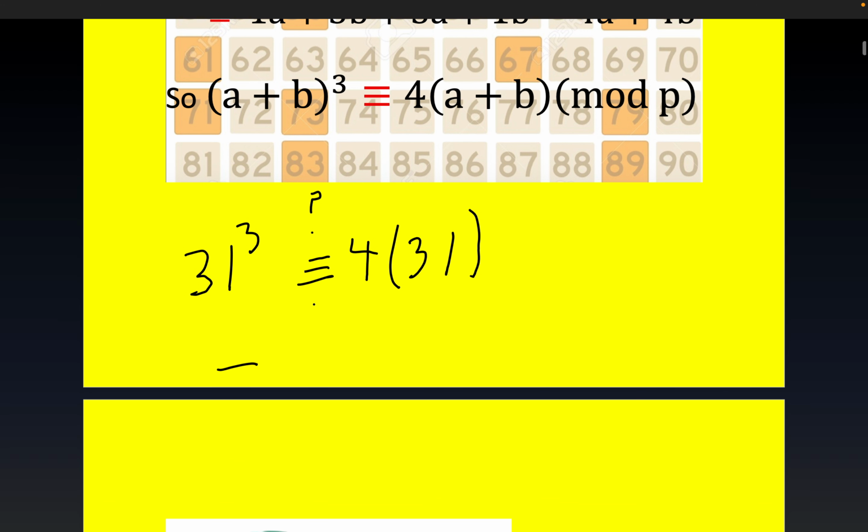We're talking mod P of course, but you see how you can rewrite this and factor out a 31. So you would have 31 squared times 31 minus 4.